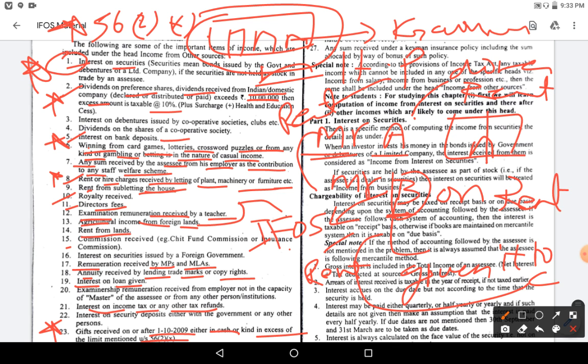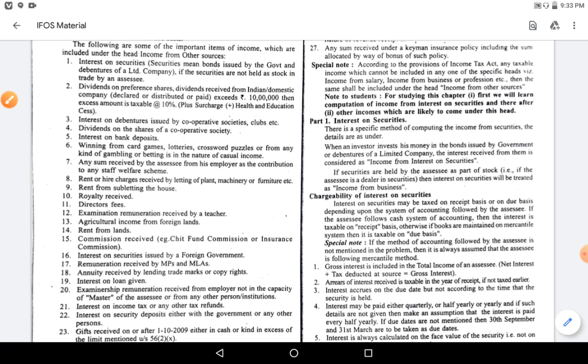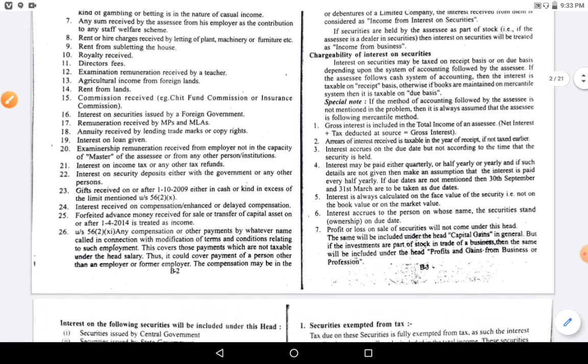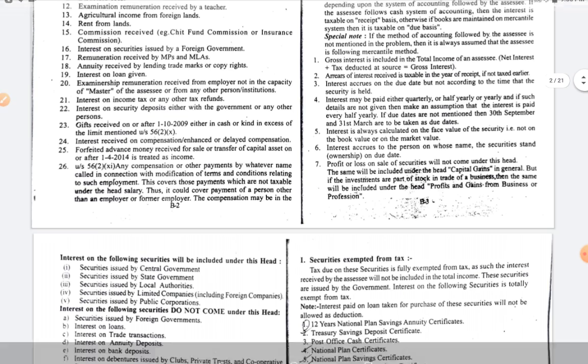You can watch it from the description link. If time permits, we will discuss that one also in detail. So these are the major things you need to remember from the income from other sources. So कम से कम 10 पॉइंट्स या 15 पॉइंट्स आप रिमेंबर रखें तो एग्जाम के लिए अच्छा है और प्रॉब्लम करने के लिए भी और भी अच्छा रहेगा. So this is about one theory question which may be asked in the exam generally.